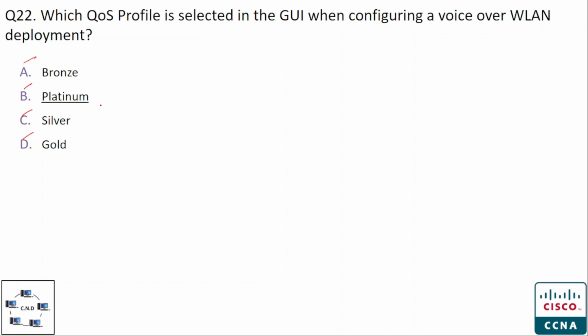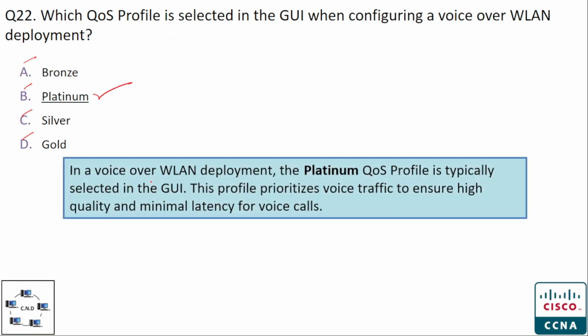The correct option is option B, platinum. In a voice over wireless LAN deployment, the platinum quality of service profile is typically selected in the GUI. This profile prioritizes voice traffic to ensure high quality and minimal latency for voice calls.